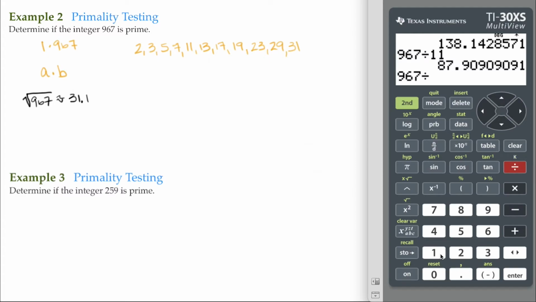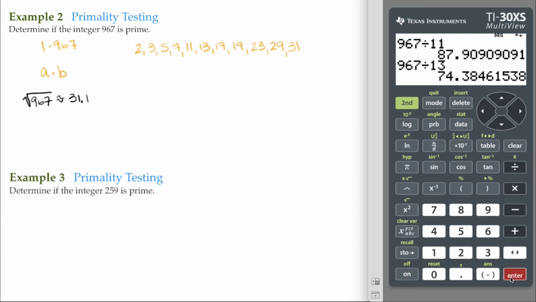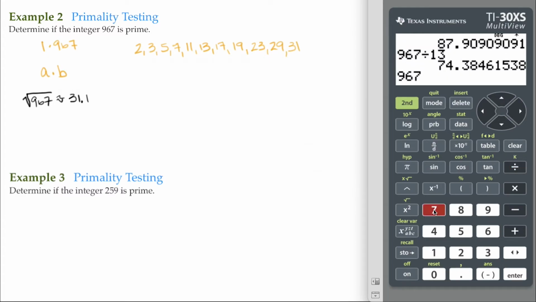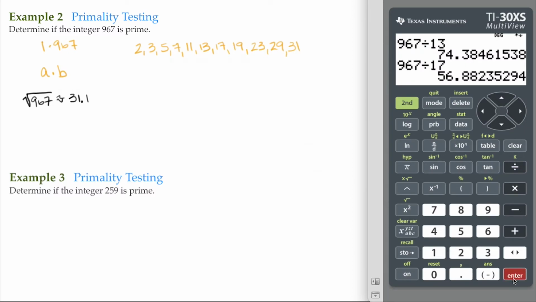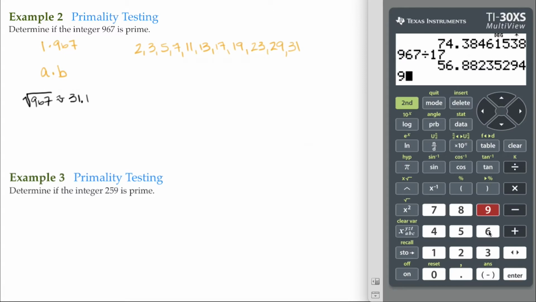967 divided by 13. 967 divided by 17. 967 divided by 19. Divided by 23, and I'm looking for an integer output.